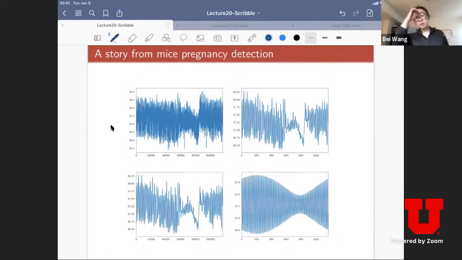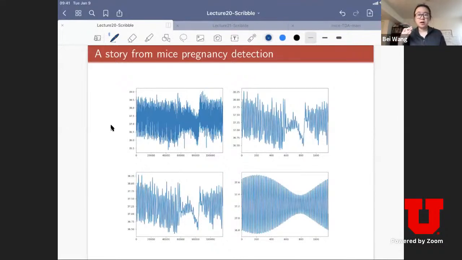okay, I want to give a different example, a classic time series data. In this data, we are talking about the core body temperature of mice in the lab. My collaborator who studied this kind of data is interested in the biological clock.